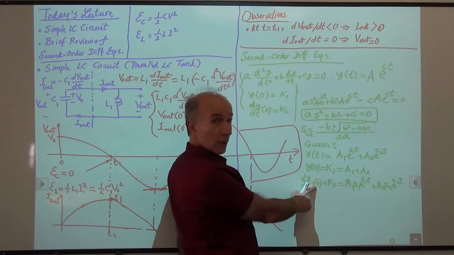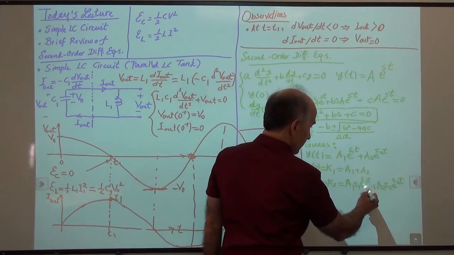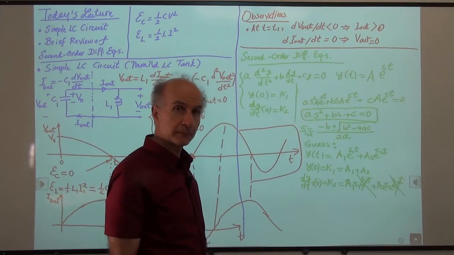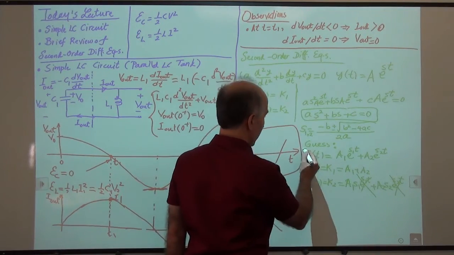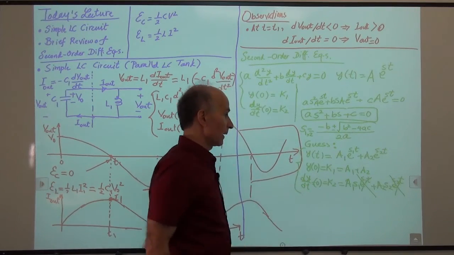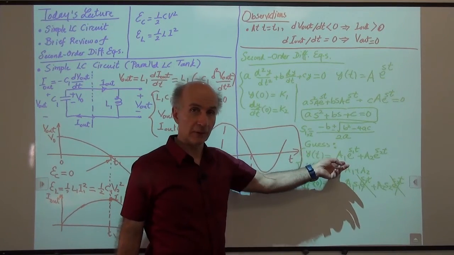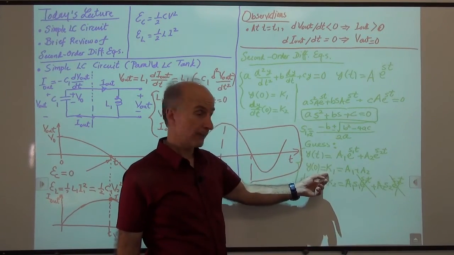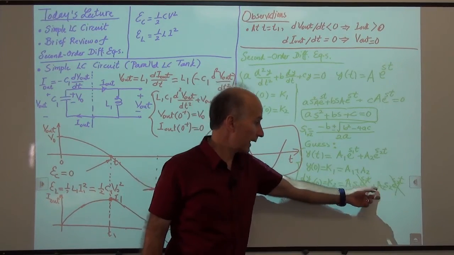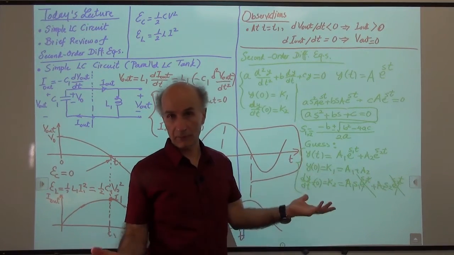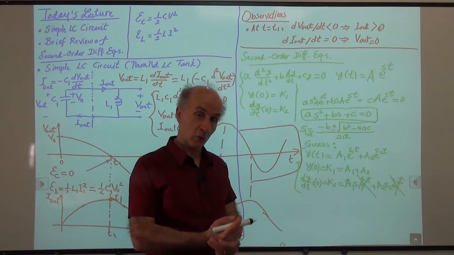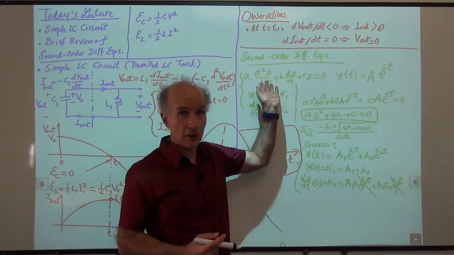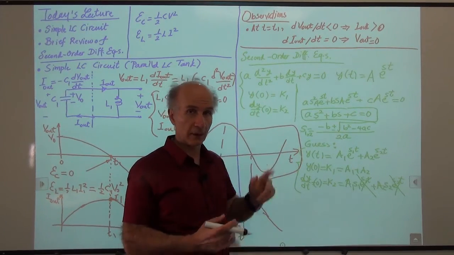Now, because we are evaluating this at time 0, these exponentials become 1. So they go away. And now you can see what's happening here, right? We have the complete solution. I have y of t. That's the response I'm looking for. How much is a1? How much is a2? Well, I have a1 plus a2 is equal to k1. I have a1 s1 plus a2 s2 is equal to k2. We can find a1 and a2. So we have everything that we needed. We have a solution for this second order differential equation with these two initial conditions.